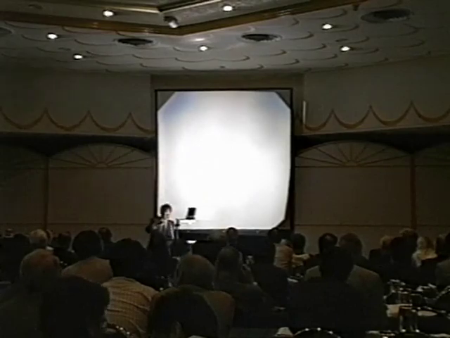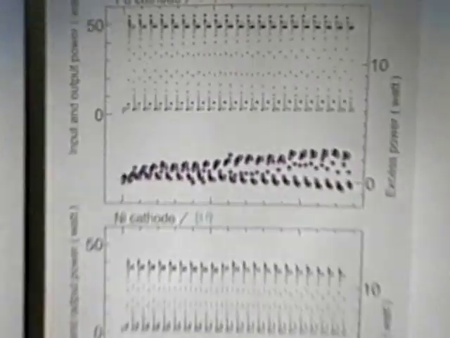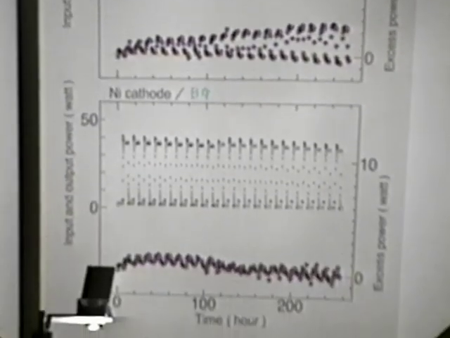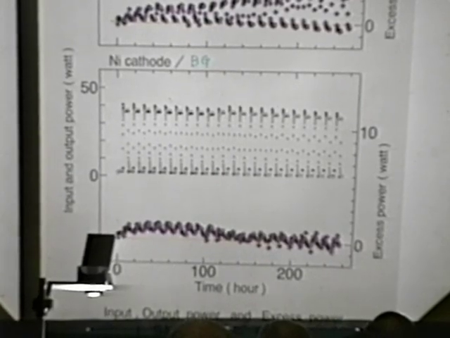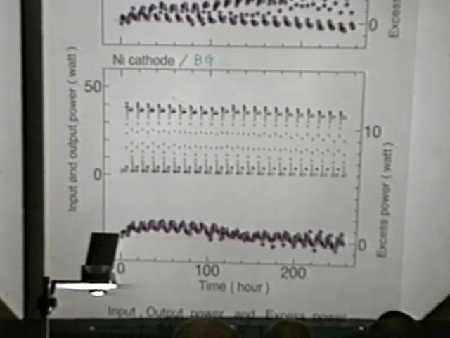And if we extend this, it looks like this. This is for foreground. We are showing the excess power here. And this is for palladium, for nickel, for background. It looks like this. So we might have some excess for nickel, but we regard this just as a systematic for calorimetry.